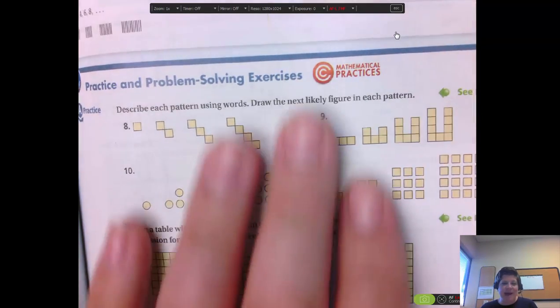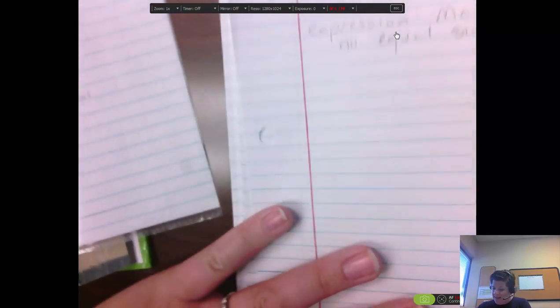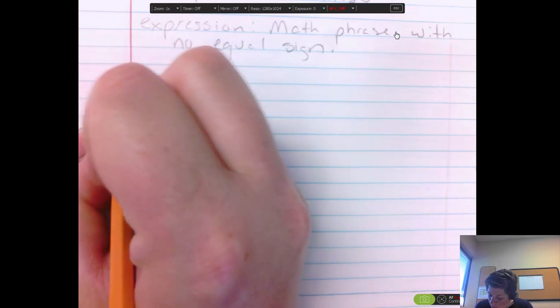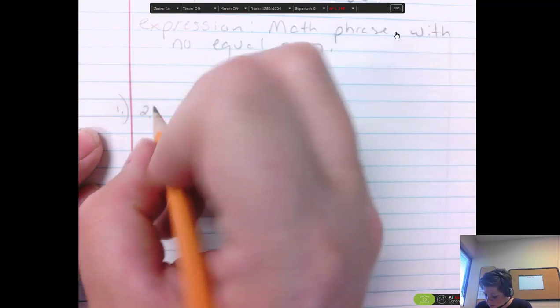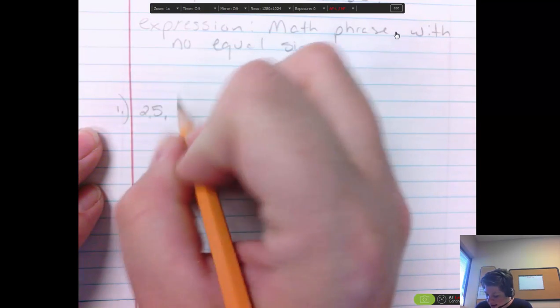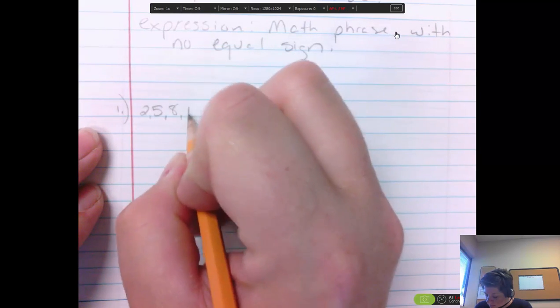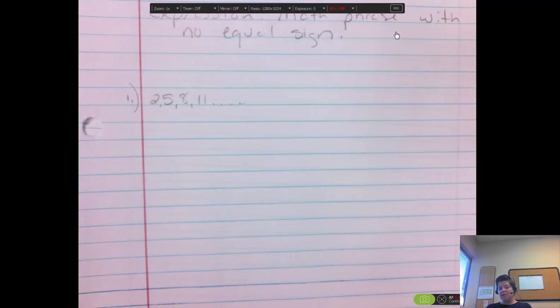So there's lots of different patterns that you can look at and follow and come up with the next pattern. But it gets a little more challenging when we look at the pattern in terms of just numbers. So for example, what if my pattern goes 2, 5, 8, 11. So here's my pattern, or it's a sequence.